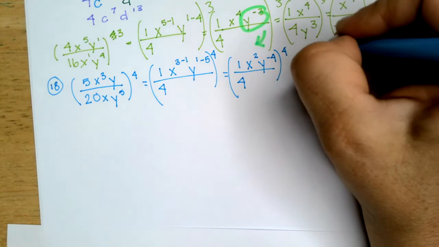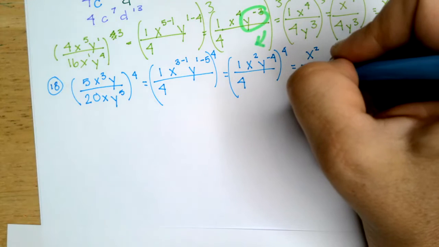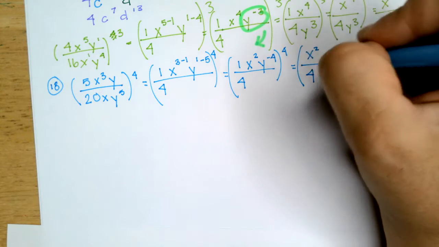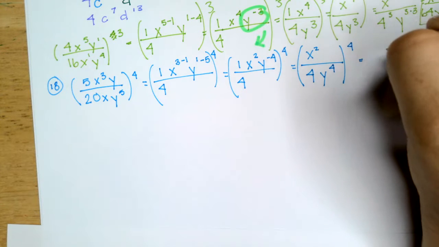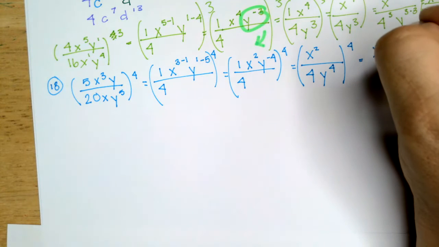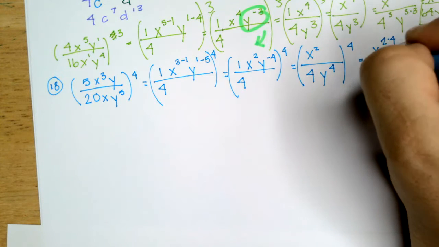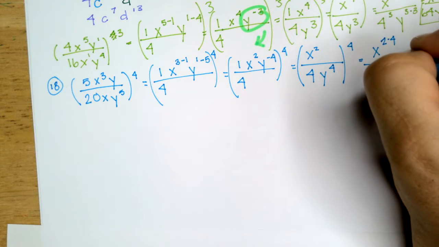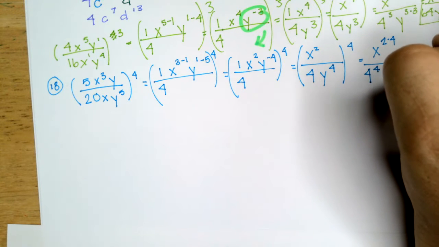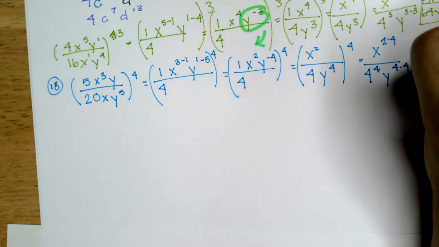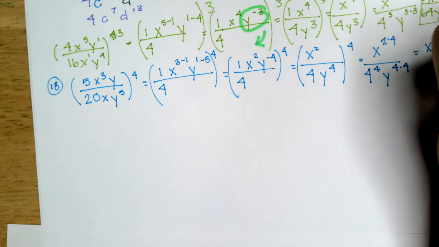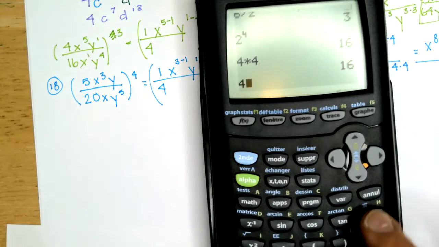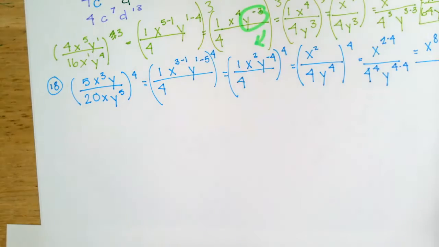So now I have x squared up here. I'm going to forget that 1. And I'm going to move that y down to the bottom so that the 4 is now a positive. Okay. Now I'm going to distribute that 4. So I have x to the 2 times 4 over 4 to the 4th times y to the 4 times 4. 2 times 4 is 8, so it's x to the 8th. 4 to the 4th is 256.